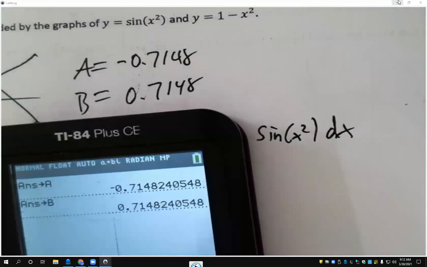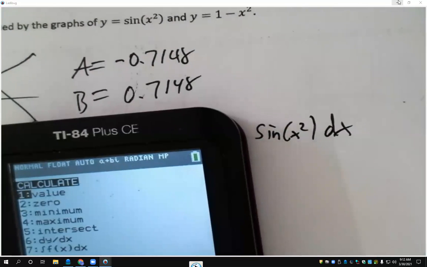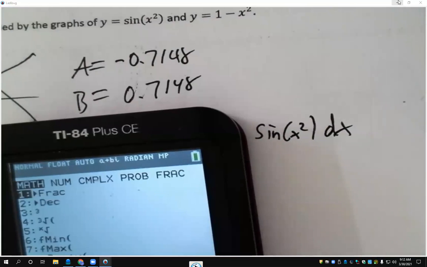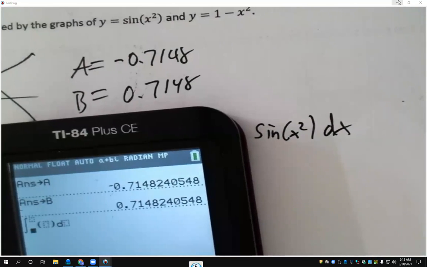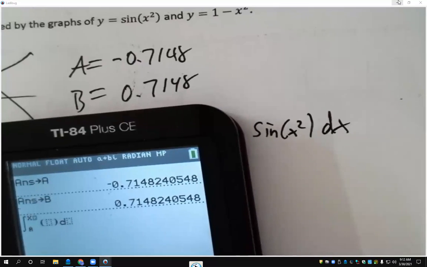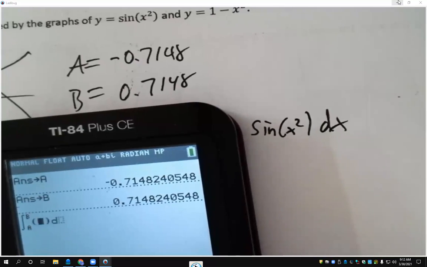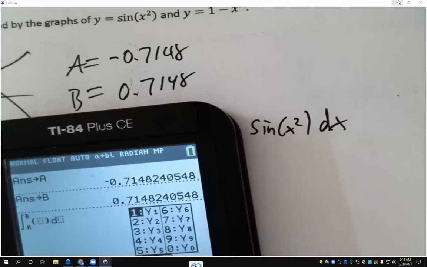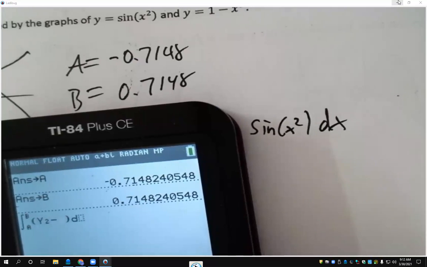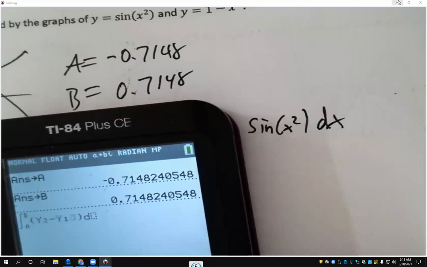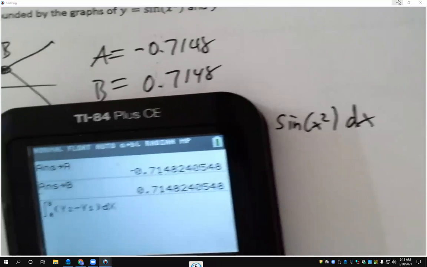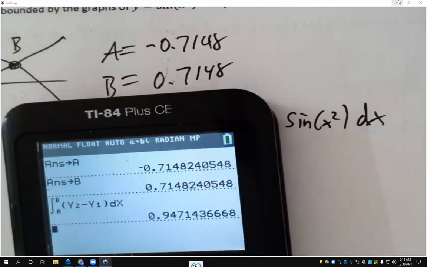So I would go to my home screen and do math option 9. And then I'm going A to B, y2 minus y1, dx. And I get 0.947.